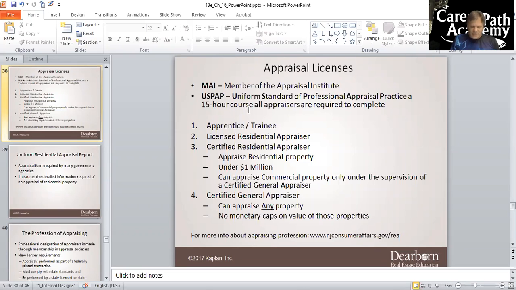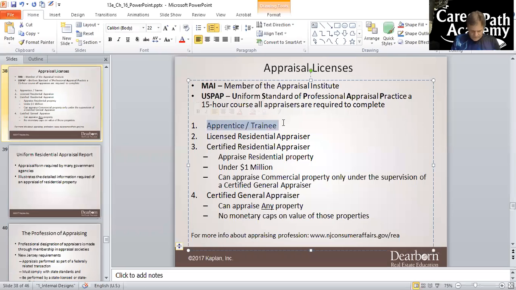Now, it says to become an apprentice trainee, you first need to complete a 90-hour class in appraisal studies and pass an exam. Let me remind you, you guys are here taking a 75-hour class in real estate covering many different topics. Imagine a 90-hour course in just the stuff we're studying in this chapter. Lots of math, too.